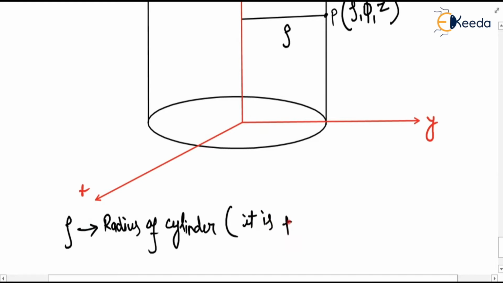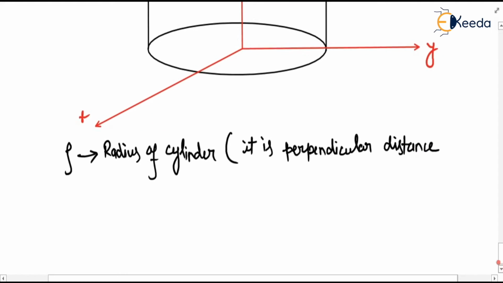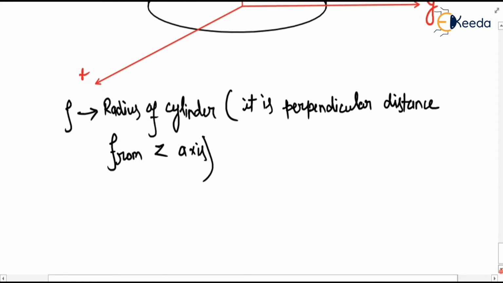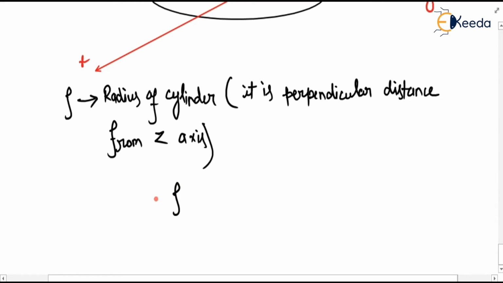It is the perpendicular distance from the z-axis. Rho will vary from 0 to infinity. Rho can be 0 and the maximum value of rho is infinity.